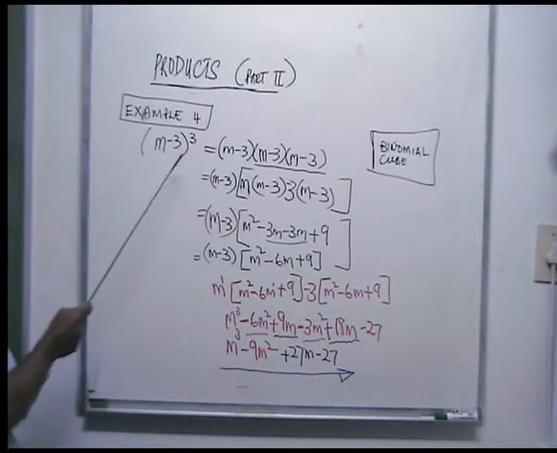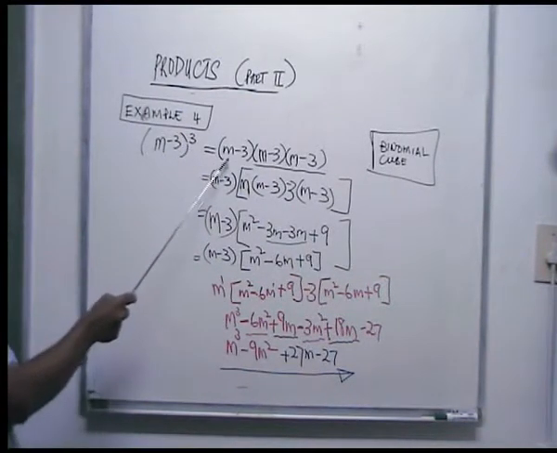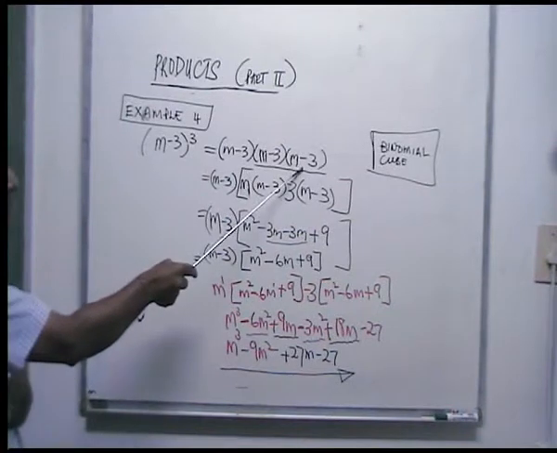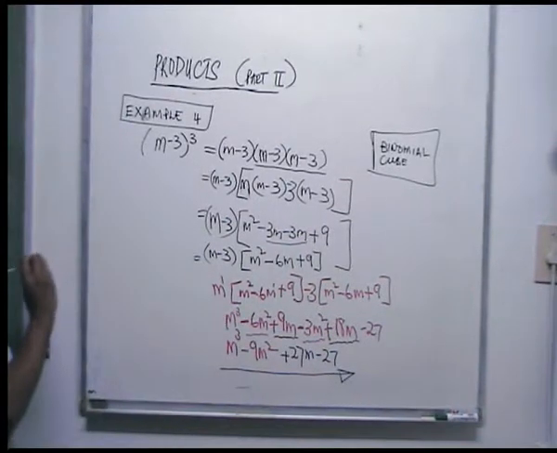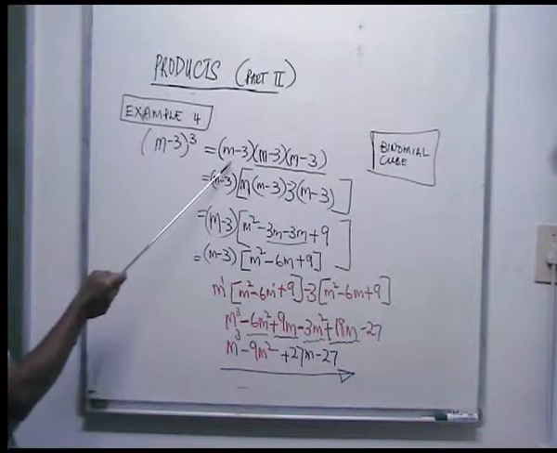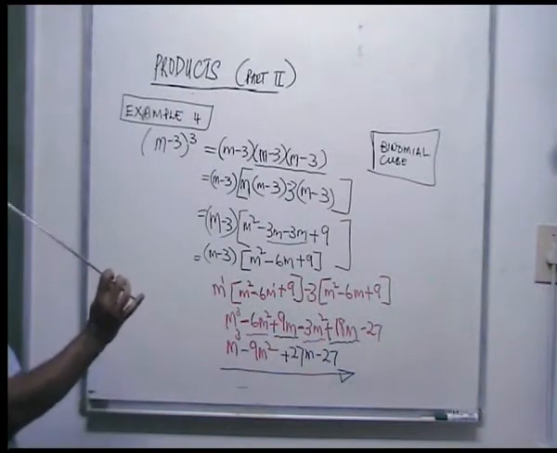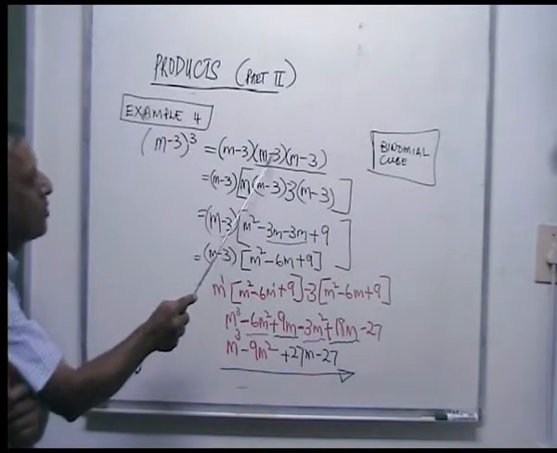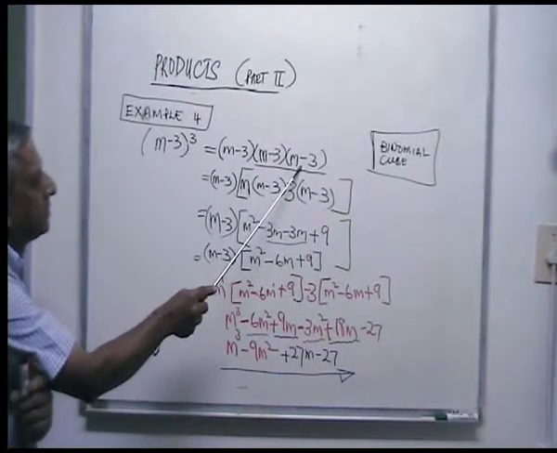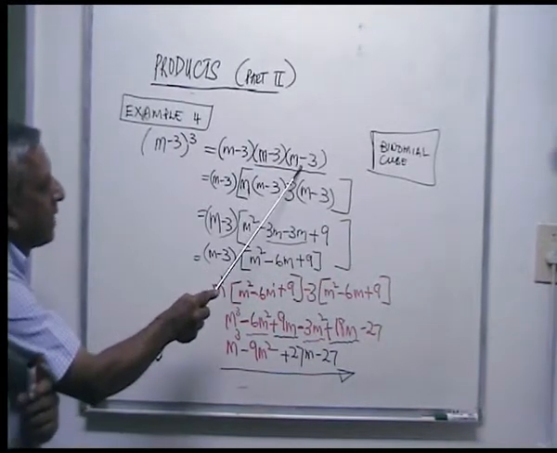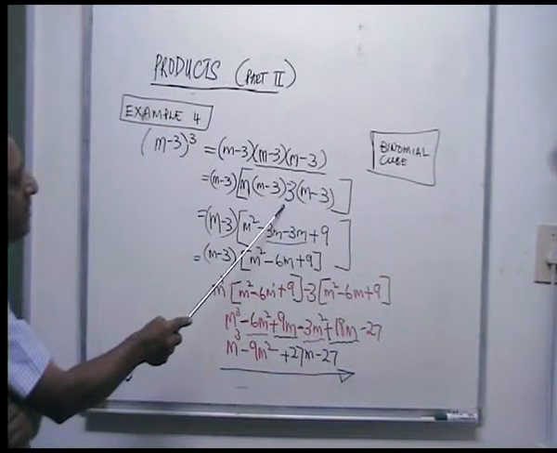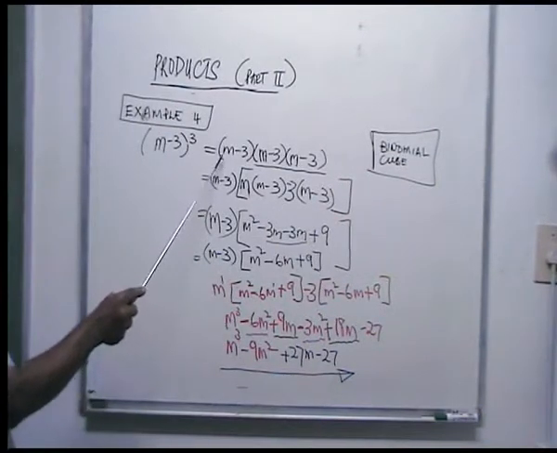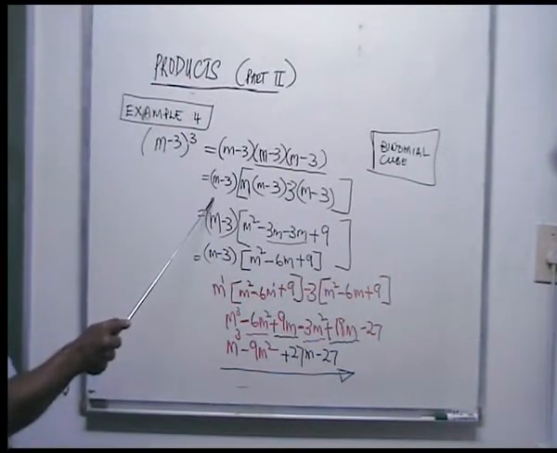If I've got this bracket, because it's 3, I'll write the bracket down 3 times. Then when I see that question, I think in my head that look, I know how to multiply 2 brackets. So I'm going to multiply these 2 brackets and I'm going to write the answer down here. This bracket, I'll just bring it down.